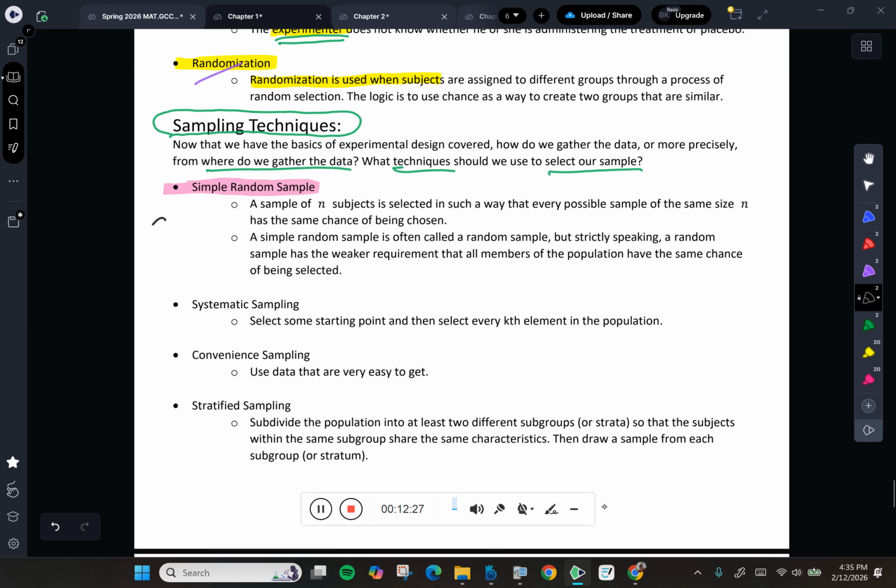You'll often see it abbreviated as an SRS. A simple random sample says that a sample of n subjects, so whatever n is, so a sample of 20 subjects, or a sample of 50 subjects, or a sample of 30 subjects, and it just represents how many, is selected in such a way that every possible sample of that same size has the same chance of being chosen.